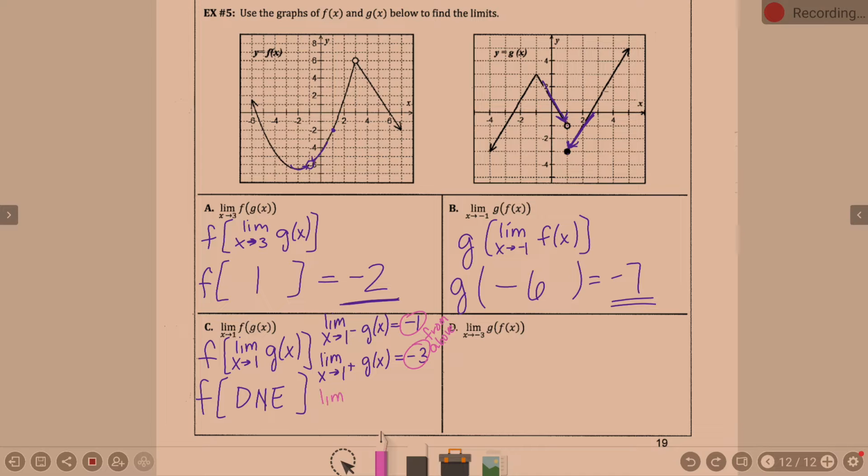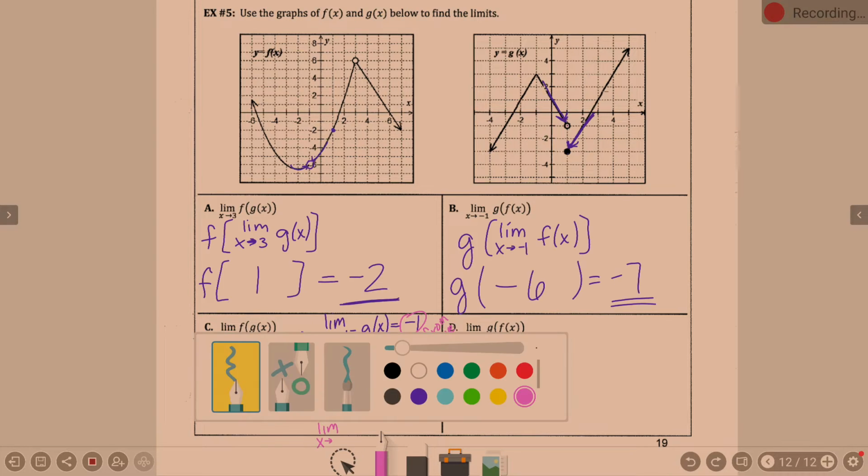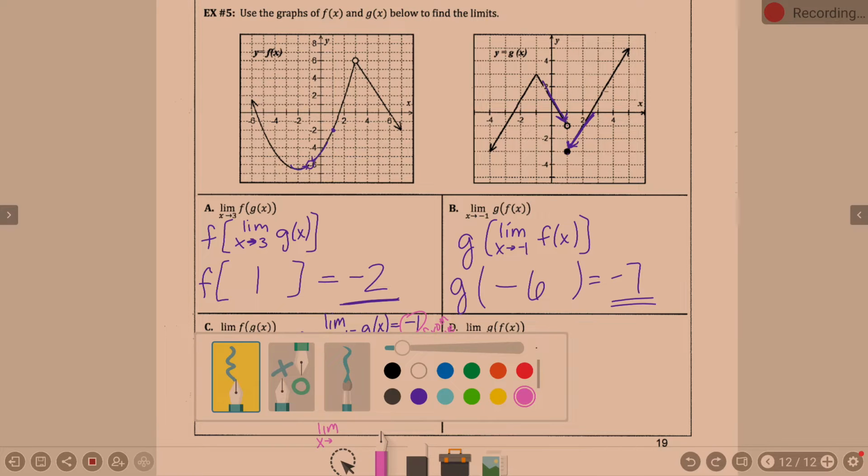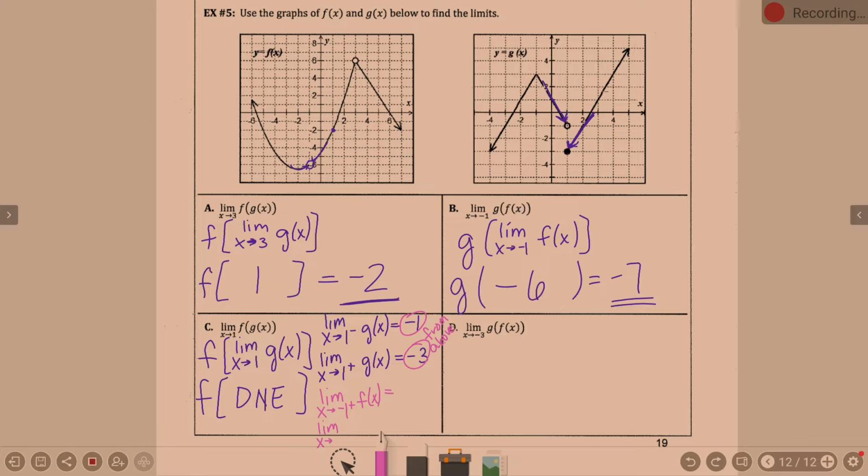So let me write this down. Limit as x approaches -1 from the right of f of x, and the limit as x approaches... Shoot. Okay, I'm going to use it right over here.